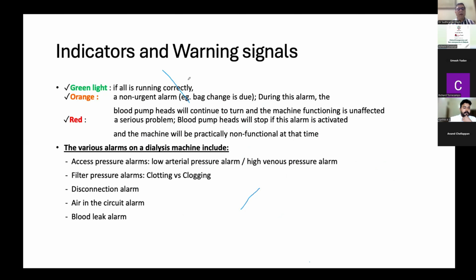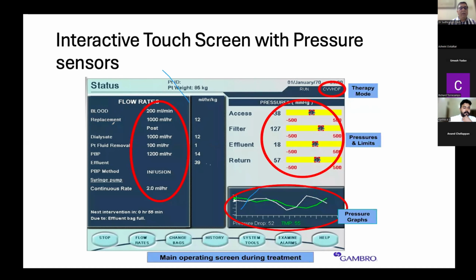You can see here the parameters or the interface which you will be encountering. On the left side are the parameters you have to calculate to give a prescription to the patient, that this is how I have to do the CRRT. Then whether it is executed properly or not, you have to see by the pressure channels, sensors.